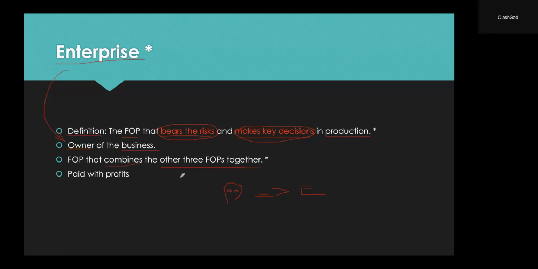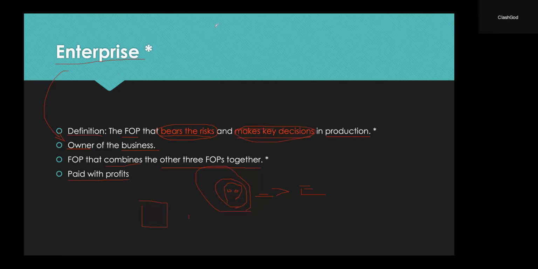It means that if you take enterprise away, if you take Jeff Bezos away, the land, the labor, and the capital that produces for Amazon can't work. It requires Jeff Bezos, the enterprise, to combine all of the other three FOPs together to produce. So without Jeff Bezos, they cannot produce. You need enterprise for production to happen. And enterprise is paid with the profits.